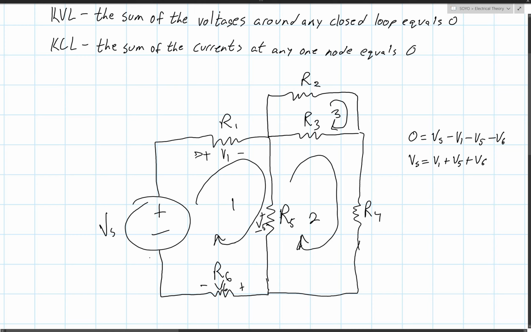So this is for loop 1. For loop 2, we'll do V4. I'm just going to do all the voltages. V3, oops. V2, and it doesn't really matter which way you orient your pluses and minuses on these.